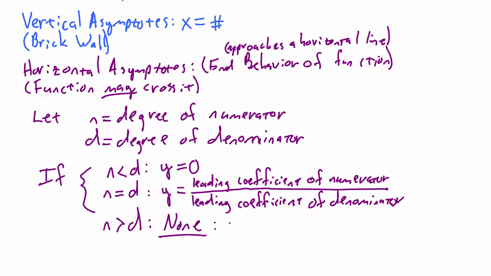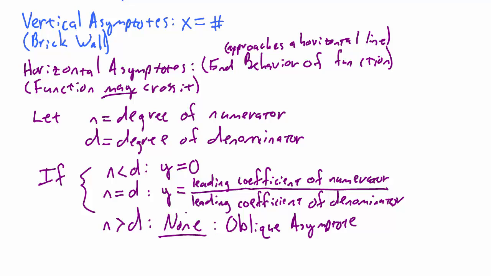Technically, what it looks like is it's called an oblique asymptote. Now, the oblique asymptote could be, well, it could be a line that's not horizontal. It could be a quadratic. It could be a cubic. It could be any of those.